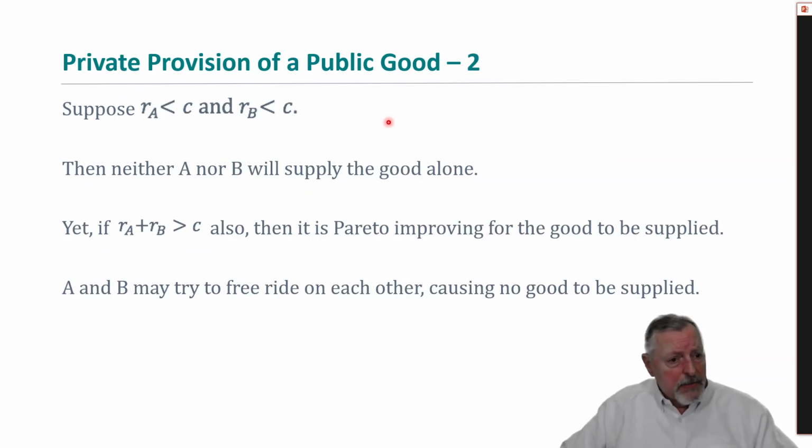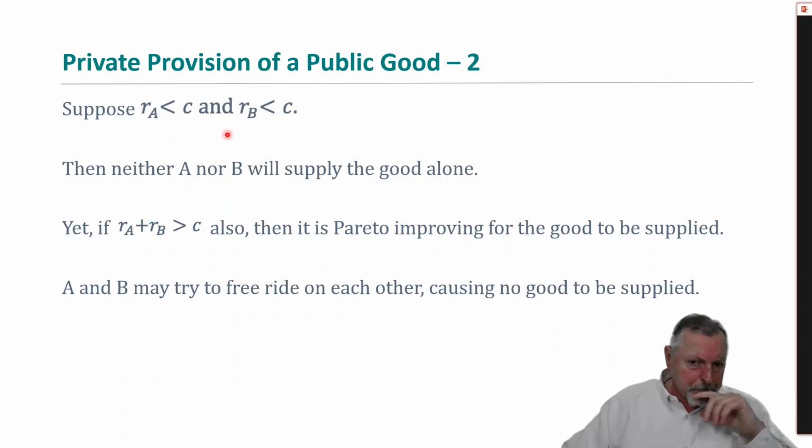Now let's look at the next case, where the reservation price of each person is individually less than the cost of the good. Well, if person A thinks it's worth $900, but the show costs $1,000, and person B, let's assume it's identical, would be willing to pay $900 to see fireworks, but the show costs $1,000, neither one of them is going to purchase it.